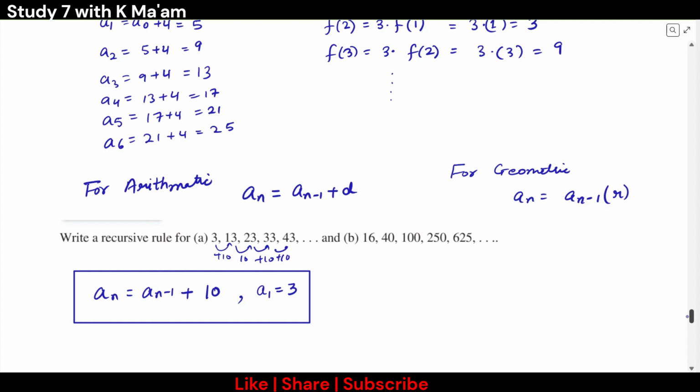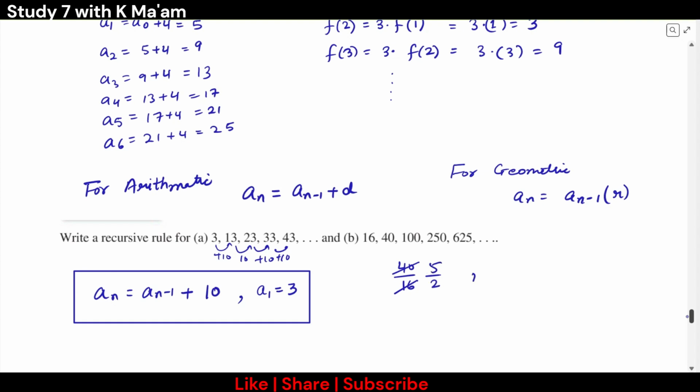Next, this second one. 16 changed to 40. Then 40 changed to 100, and 50 and so on. Let's see. It's not addition because here the difference is small, but here the difference is very large. It's not an arithmetic sequence. Let's check for geometric. 40 over 16: 8 2s are 16, 8 5s are 40.